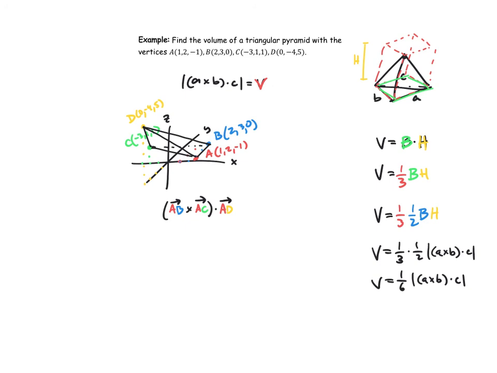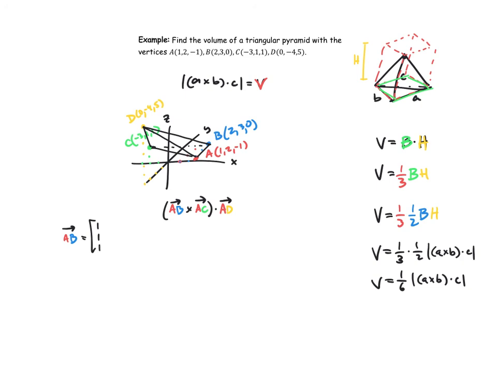All right, so let's find AB and cross it with AC. What is AB? AB would be all the points of B minus the points of A. So that's 2 minus 1, which is 1. 3 minus 2 is 1. 0 minus -1 is 1.